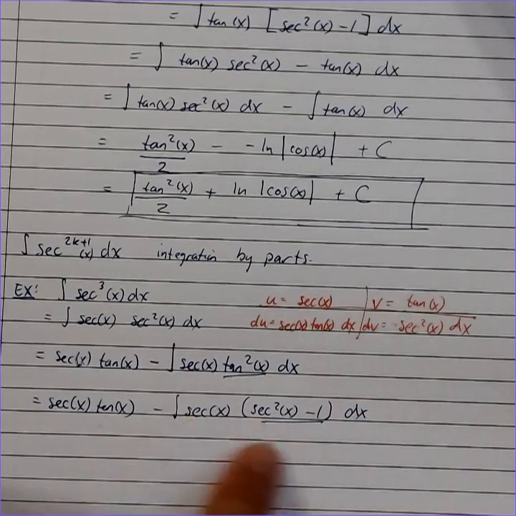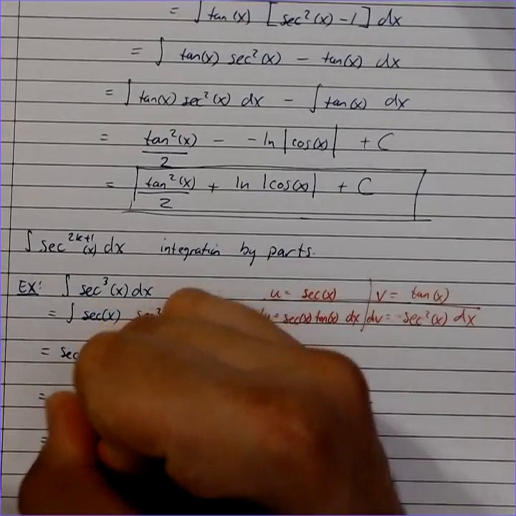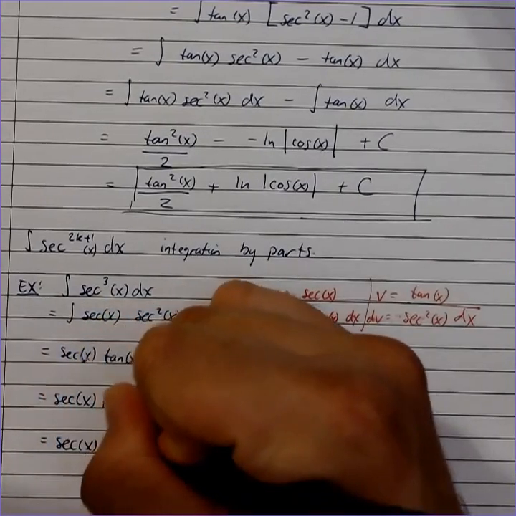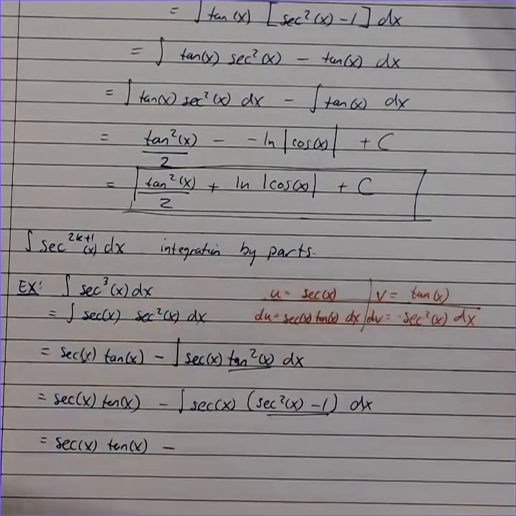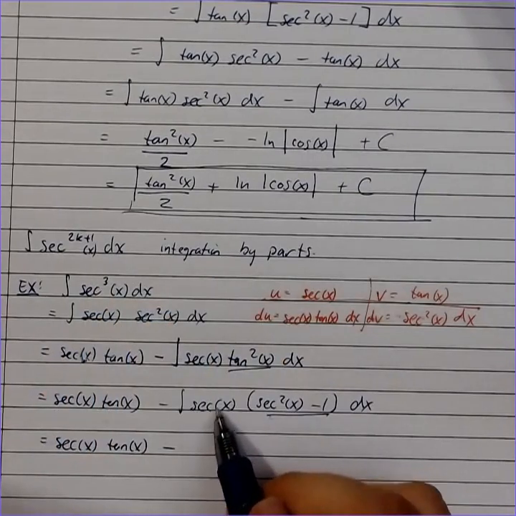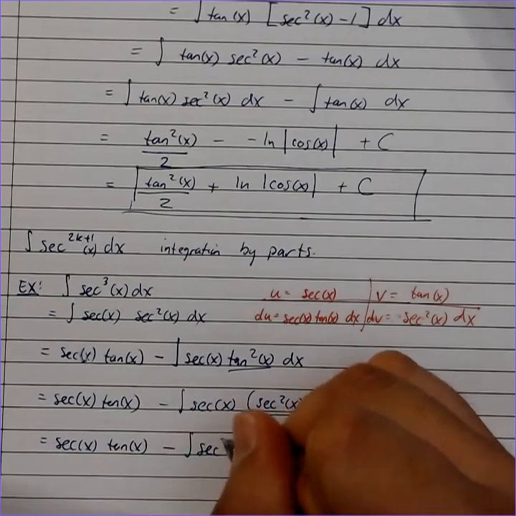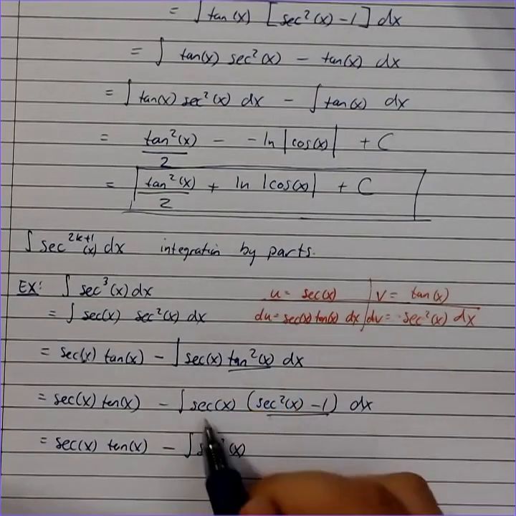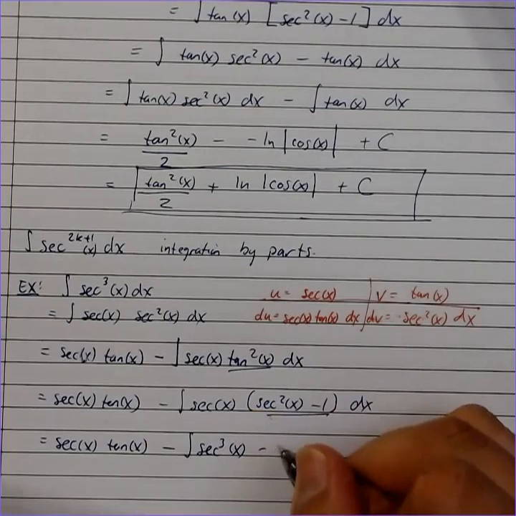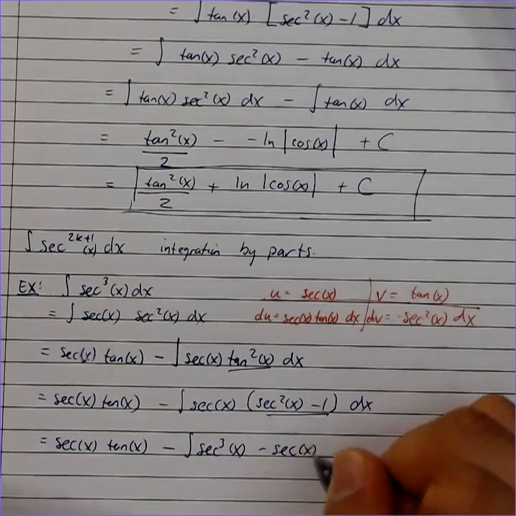Let's distribute the secant of x, and this will give us secant of x, tangent of x, minus secant of x times secant squared of x. Well, that's secant to the third of x. Secant of x times minus 1 is minus secant of x dx.